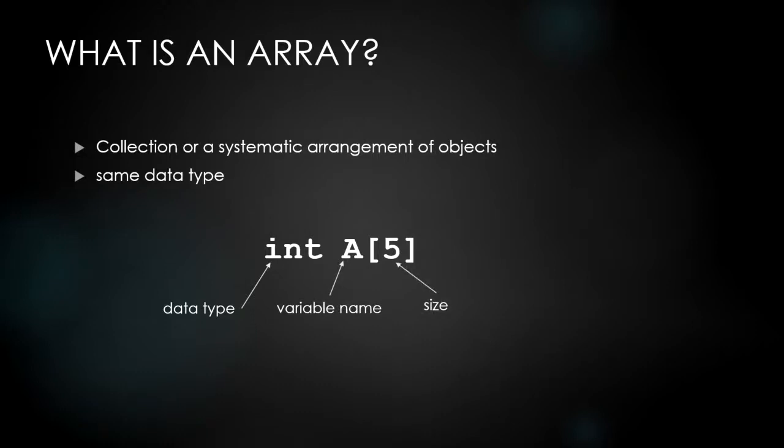Now, where does this concept of array fit in programming? Let's say in a program we want to store the grades of 40 students in this class. To store these values, we can declare 40 different integer variables like G1, G2, G3, all the way to G40. So we declare 40 different variable names corresponding to 40 students.